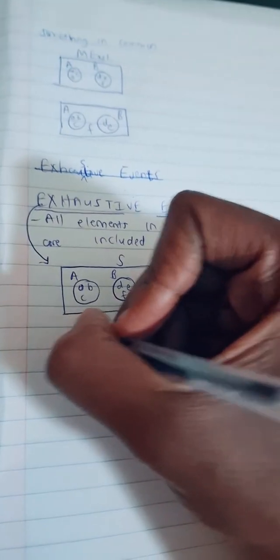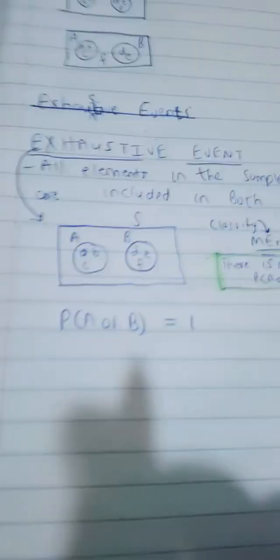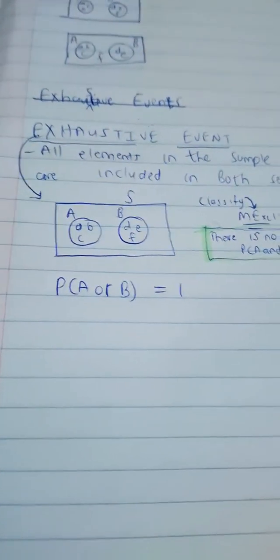Now, we need to get behind why we say it is exhaustive. And the reason why we say, guys, it's exhaustive is the following. The probability of A or B is equal to 1.